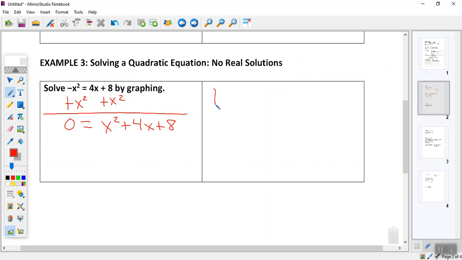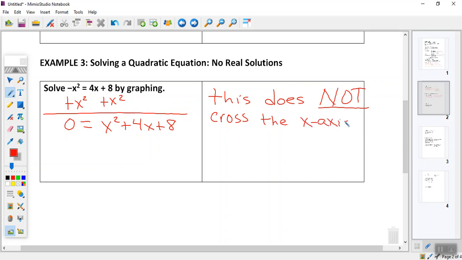So this does not cross the x-axis. So what's that mean, kids? No real solution. So there is no solution.